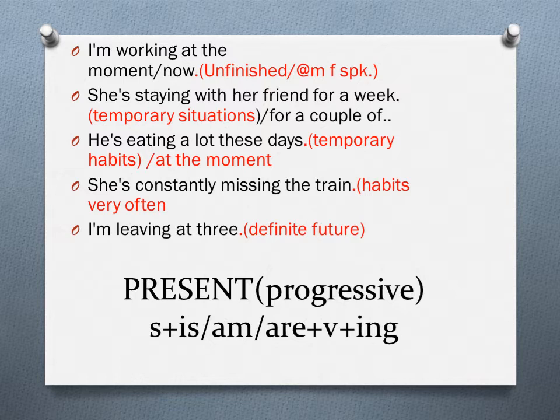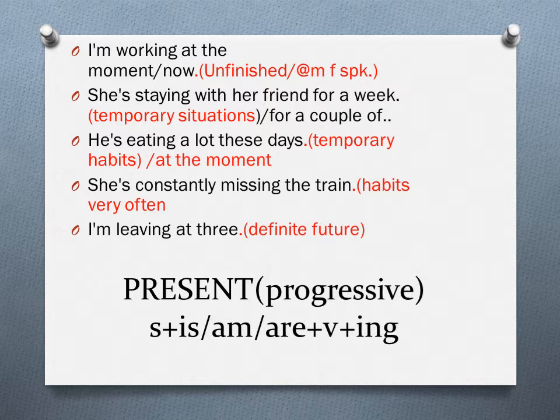In a temporary situation, we use subject plus is or am plus verb plus ing. She is staying with her friend for a couple of weeks. There, the time is temporary.